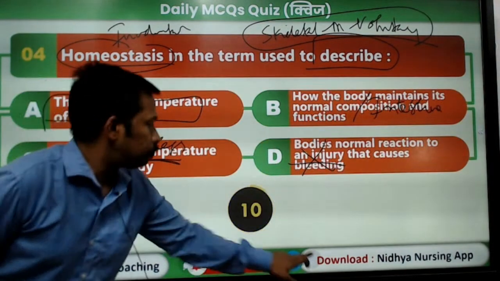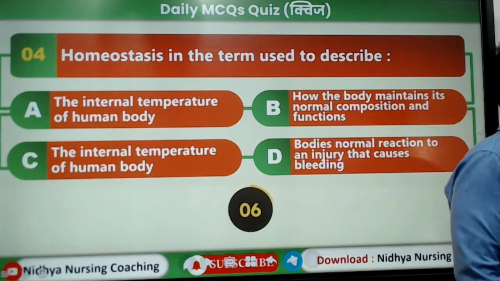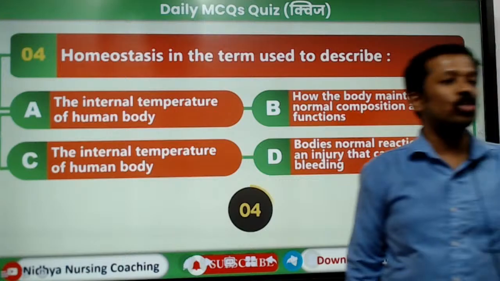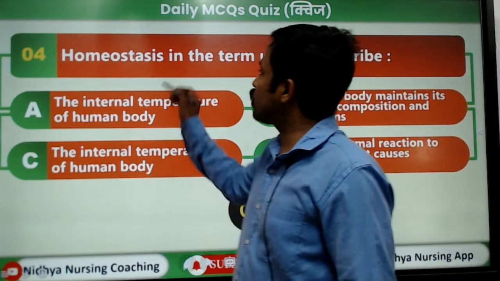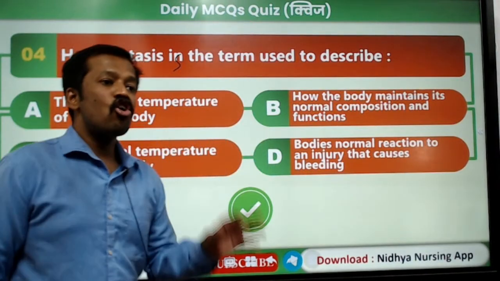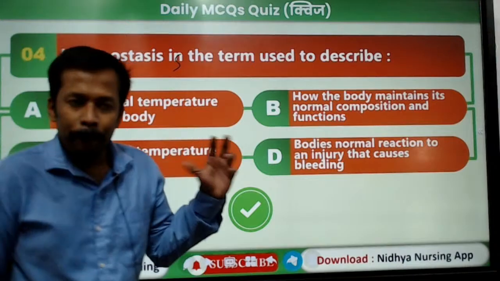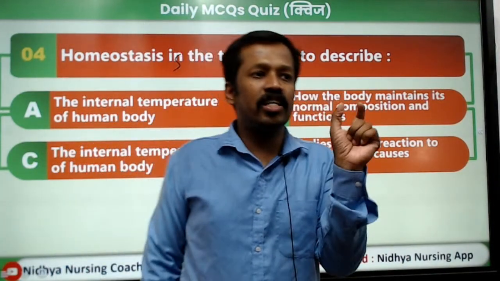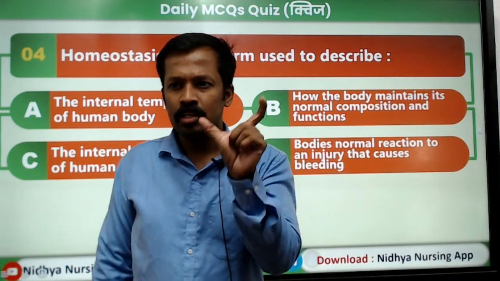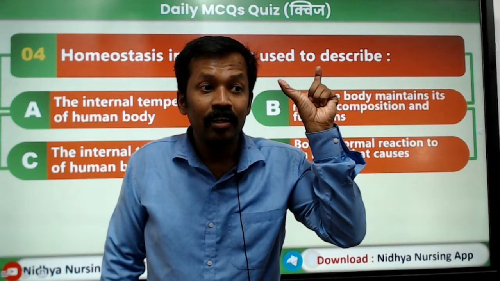Next one. Homeostasis is the term used to describe... Homeostasis. What is the single word meaning? Equilibrium.